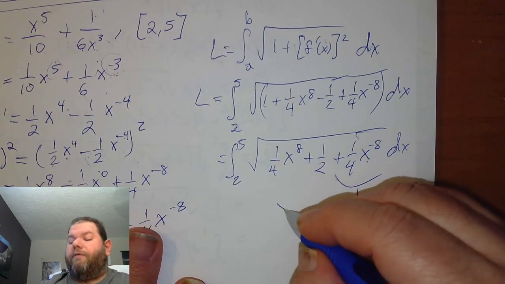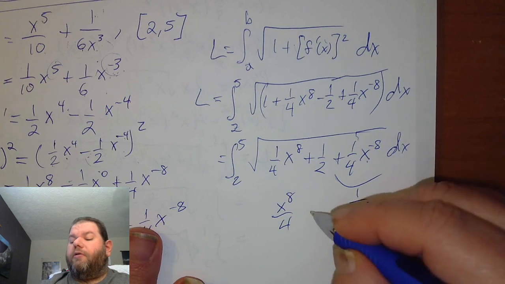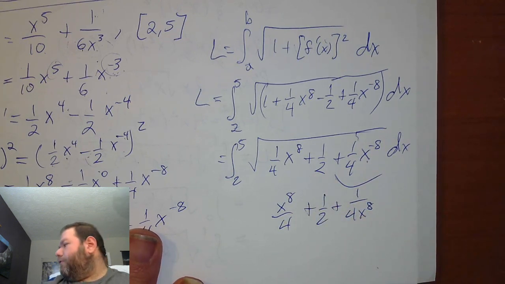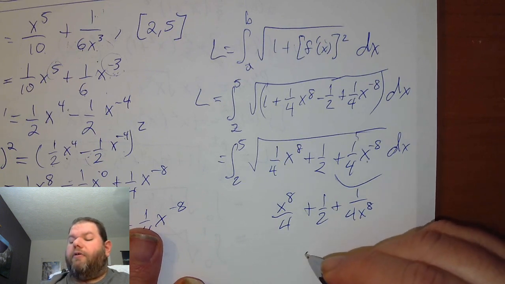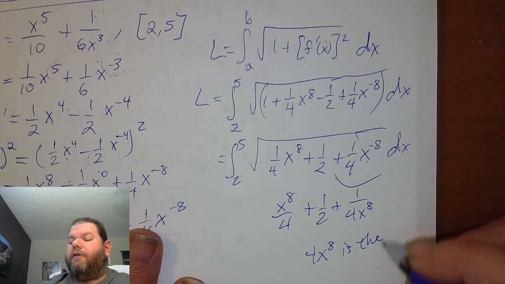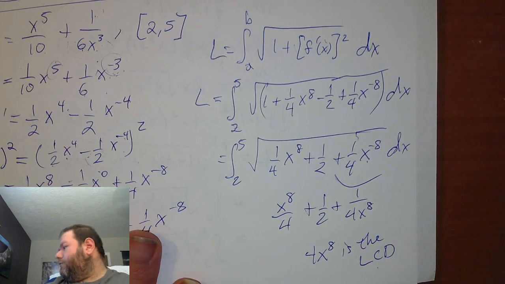So if you think about it, we have x to the 8 over 4 plus 1/2 plus 1 over 4x to the 8th. So 4x to the 8th is the lowest common denominator.